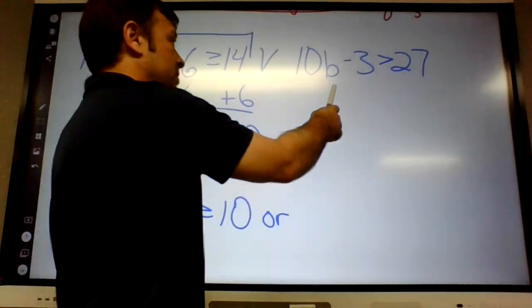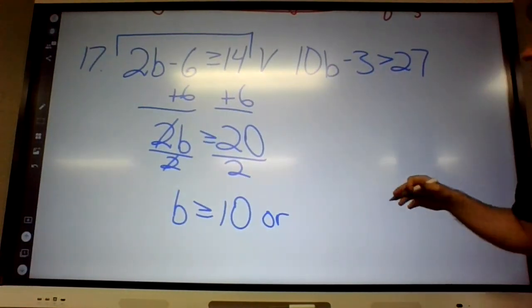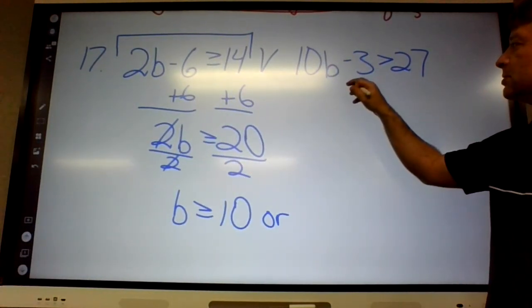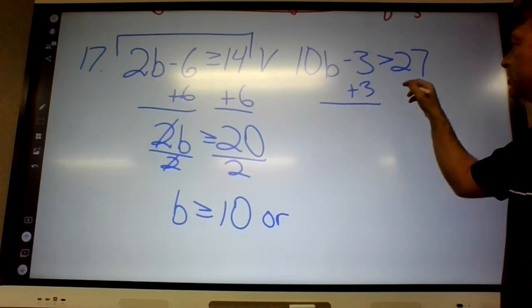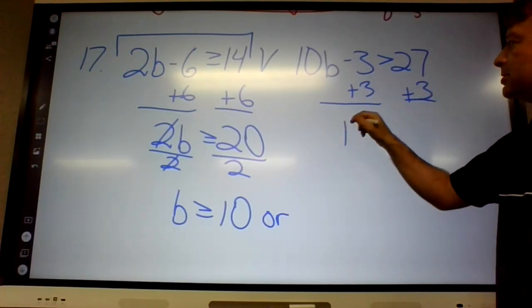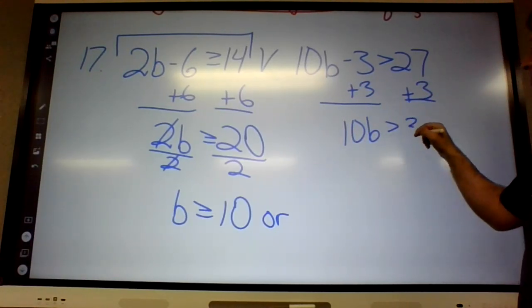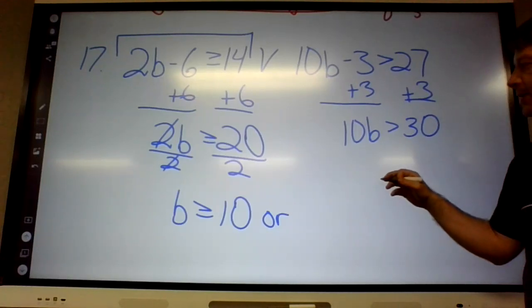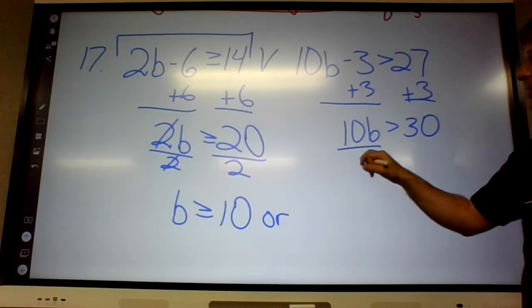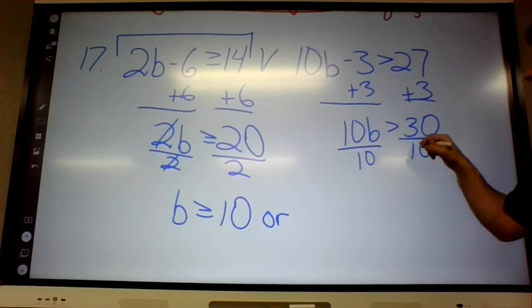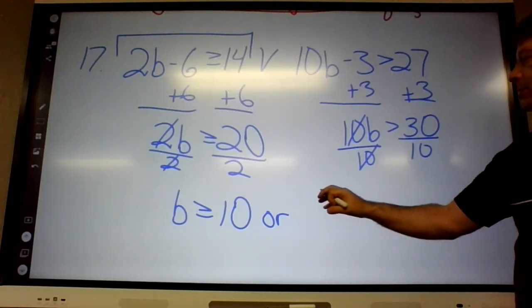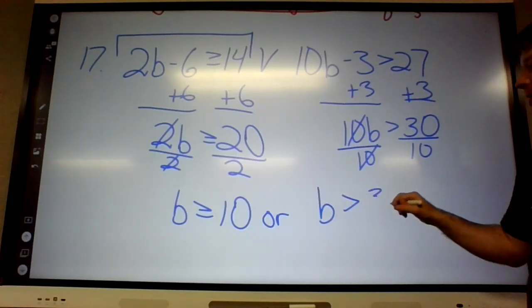And what would I do on this side? You add 3. 10b is greater than 30. And then you would divide by 10, not the b, just the 10. So it's b is greater than 3. Okay.